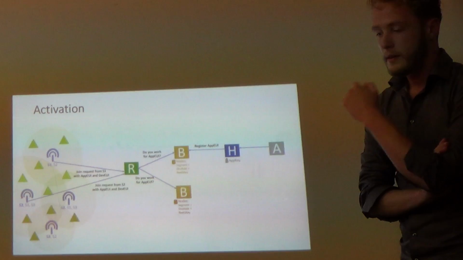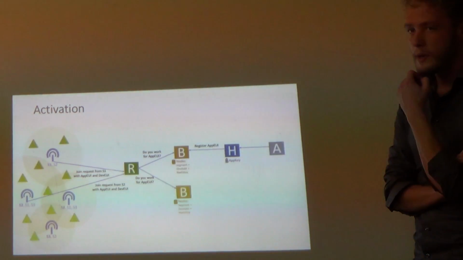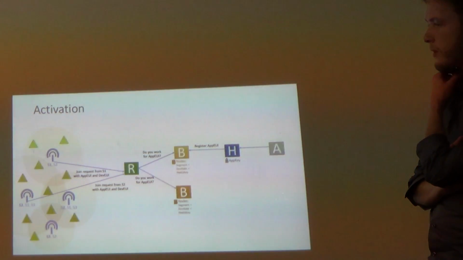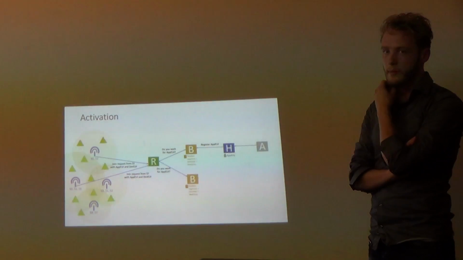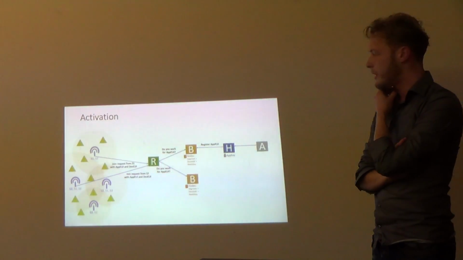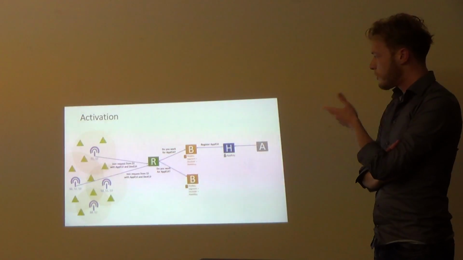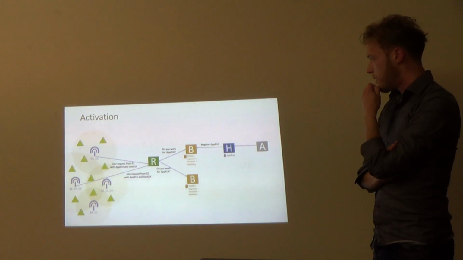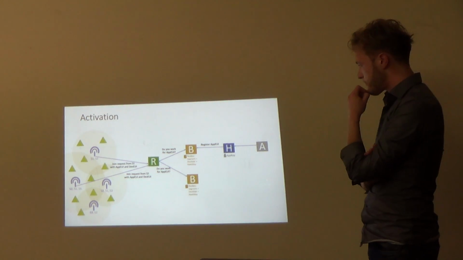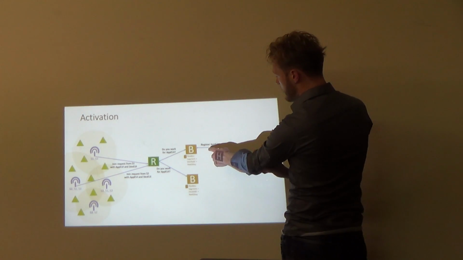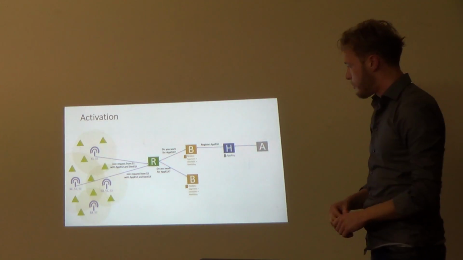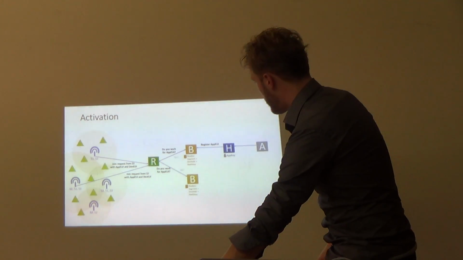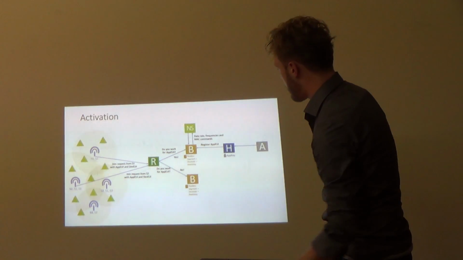Then the router essentially asks the same question to the broker, but not for a device address in a segment, more for an application EUI: do you work for this app EUI that the node wants to join the network for? Here you can see the app has registered its app EUI, and the broker can respond easily by just saying yes.